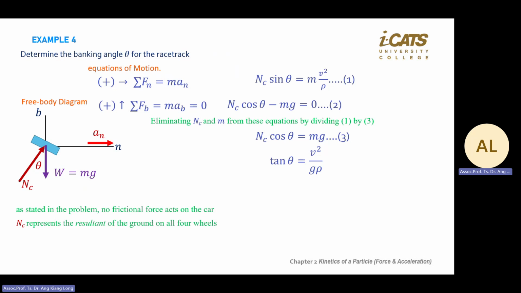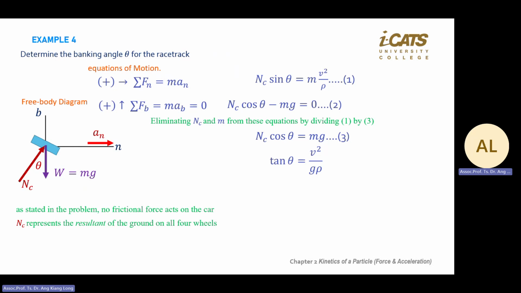Who doesn't understand how you get the tangent equation? Recall equations 1, 2, 3. How do you get tangent? Tangent equals what divided by what? Sine divided by cosine, right? So you take equation 1 divided by equation 3.